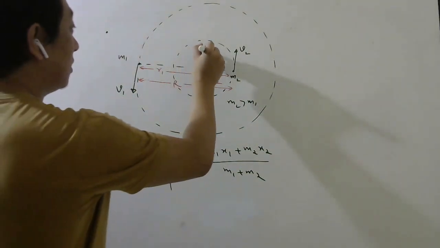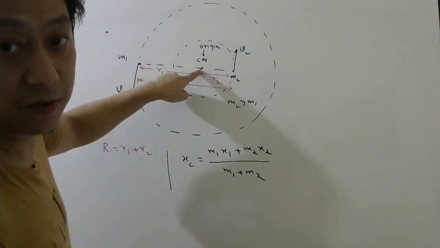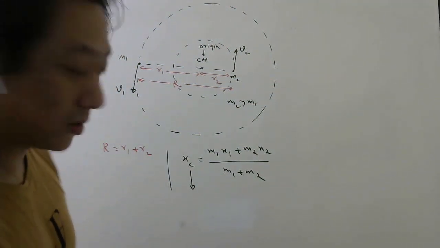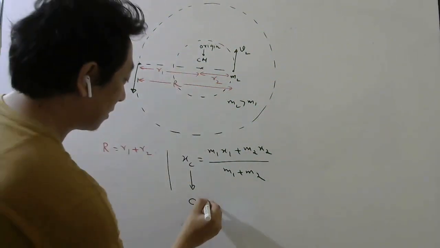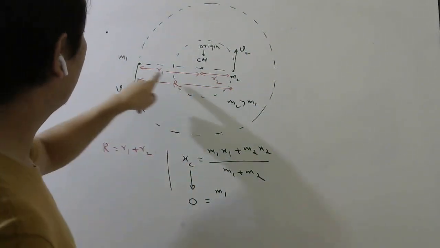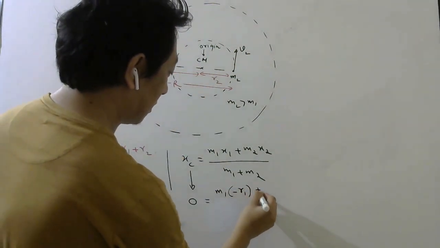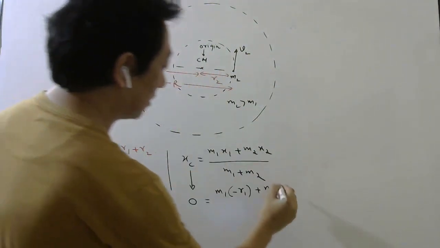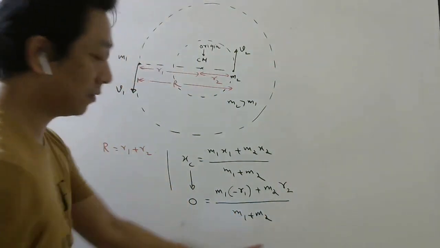If I choose the origin at the center of mass itself, then the x coordinate of the center of mass is 0. What is x1, the x coordinate of the first particle? That is minus r1 on this side. And the x coordinate of the second particle from this origin is plus R2. So 0 equals (m1 times minus R1 plus m2 times R2) by (m1 plus m2). If you cross multiply, it will be 0.